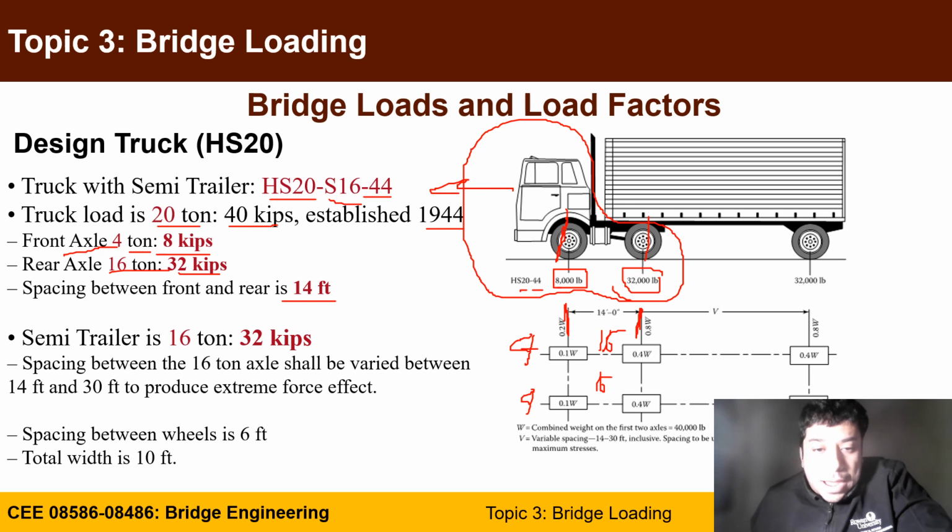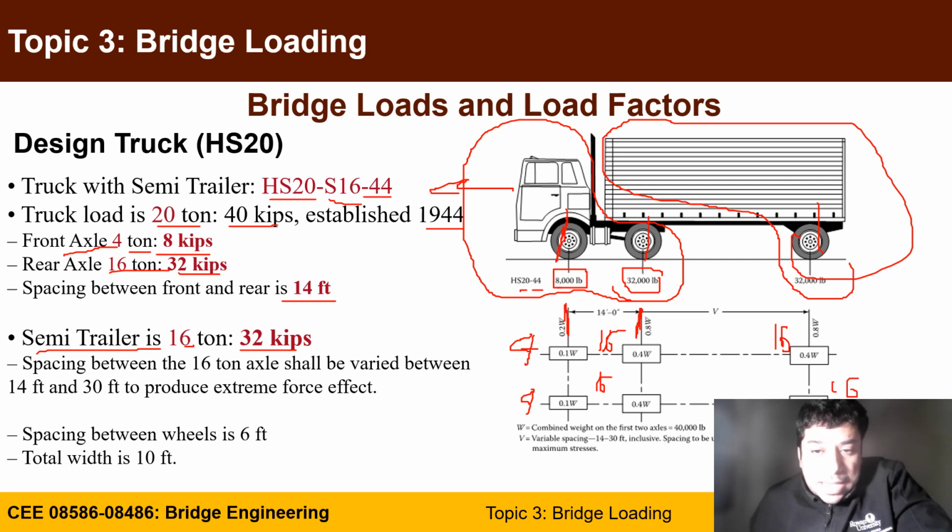It's also combined with a semi-trailer, so it's a truck with a semi-trailer. Here is the front, and this is a semi-trailer, and the axle is also 16 tons, similar to the rear, for 32 kips. So you have 16 in this one and 16 in that one, right?